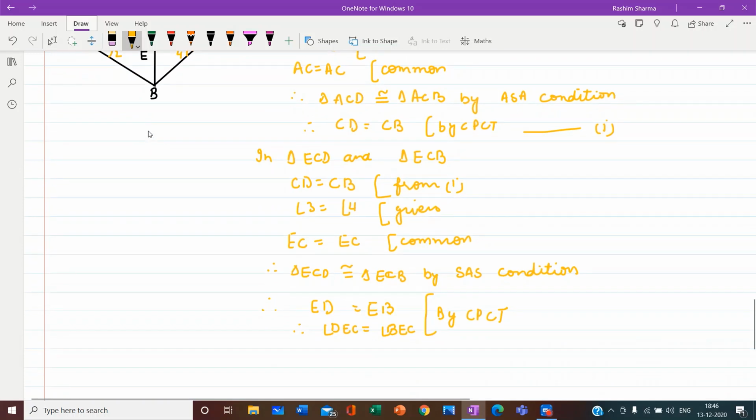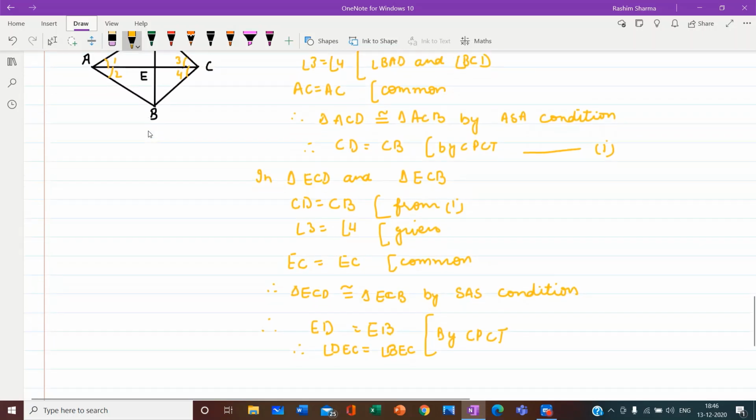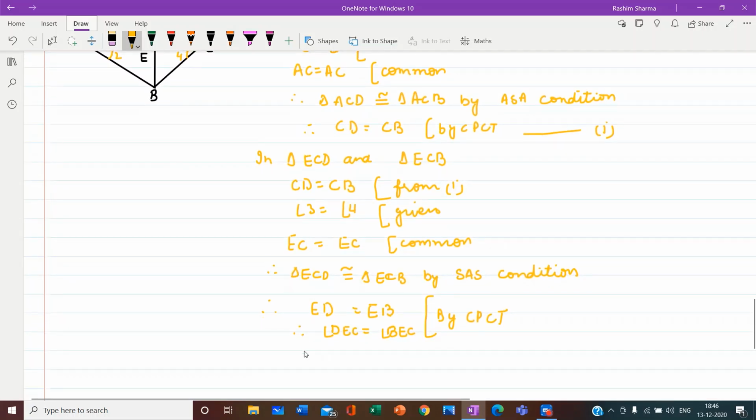Okay, so linear pair means sum of them is equal to 180 degree. So we can say they are given equal by CPCT, but angle DEC plus angle BEC is equal to 180 degree. This is a linear pair.